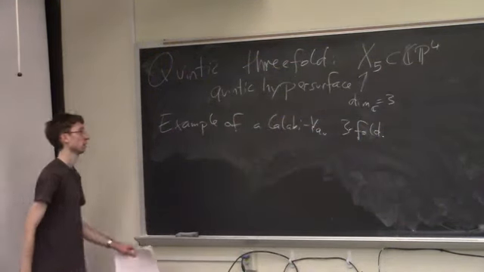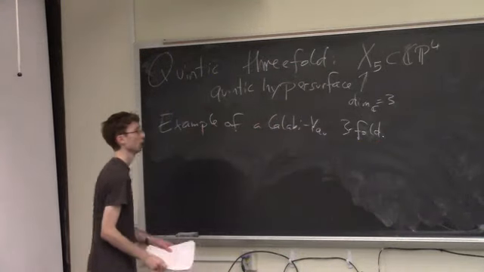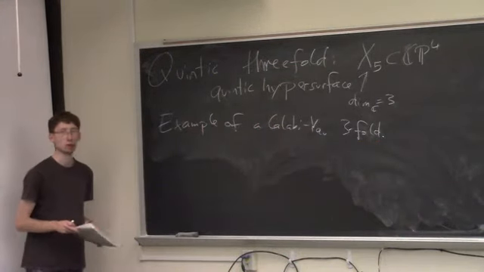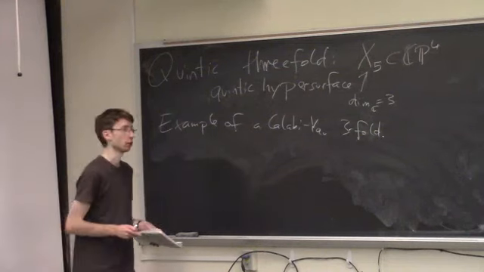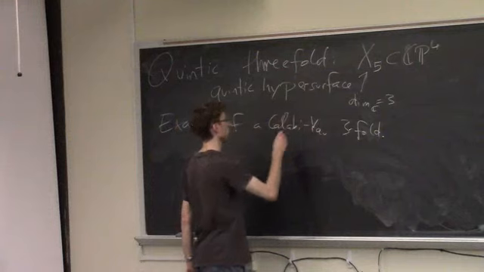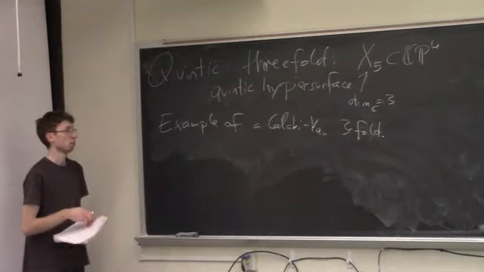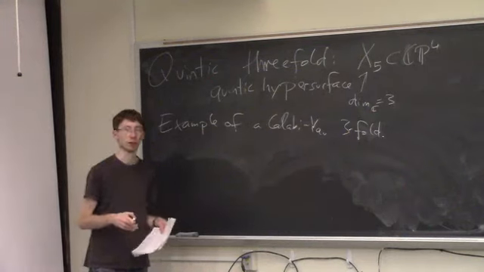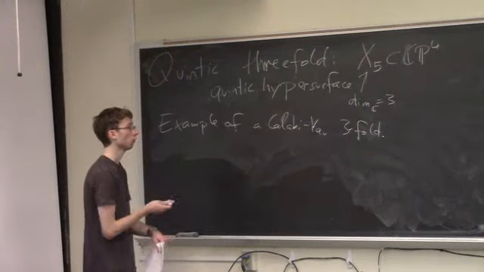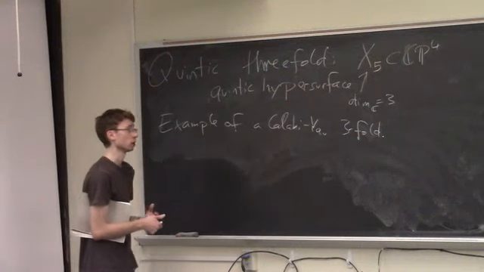Meaning it has a one-dimensional space of holomorphic three-forms. It has a very special geometry, and it's also been studied a lot in string theory. In string theory, people look at a 10-dimensional space where 4 of the dimensions are space and time, but there are 6 extra dimensions.